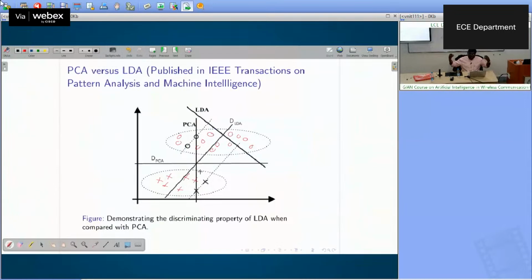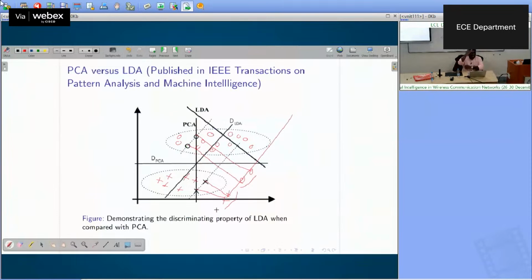The objective function we constructed, but still after projection, the data gets overlapped in the case of LDA. In the same case, when I use PCA, there is no overlap. For instance, this is the direction of maximum variance. If I project the data here, 2 crosses will be here and 2 circles will be here. They are well separated.